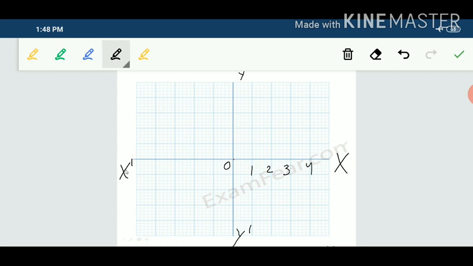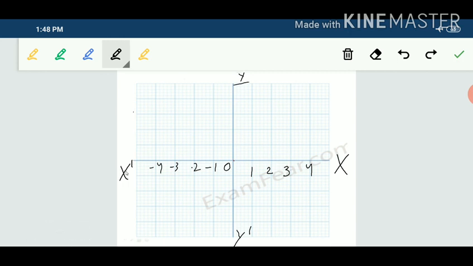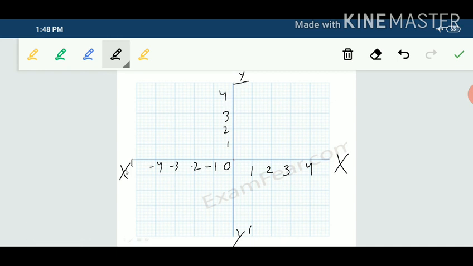On the left side of O, the value of x is negative, so minus 1, minus 2, minus 3, minus 4. On the upper side of O, the value of y is positive, so here is 1, 2, 3, 4. And on the downside of O, the value of y is negative, so minus 1, minus 2, minus 3 and minus 4.